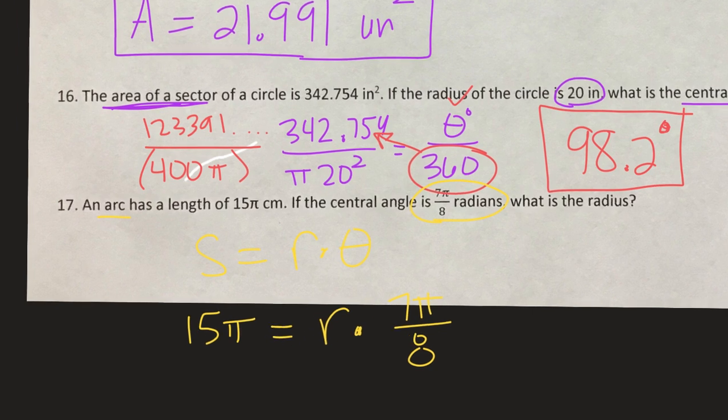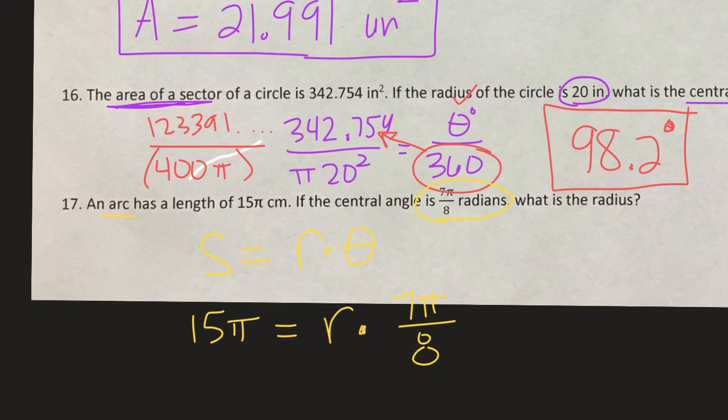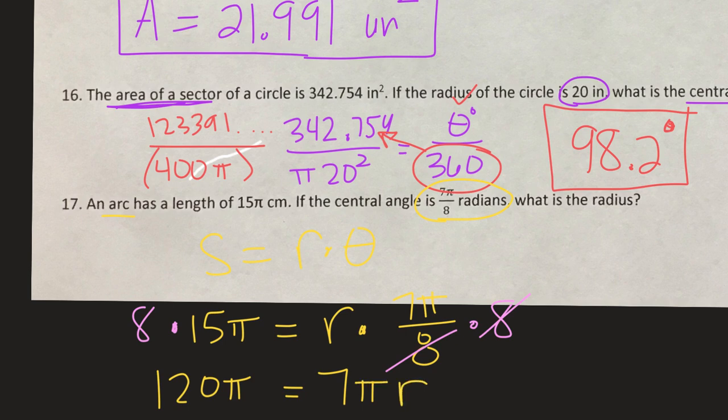The first step is to multiply by 8 to get rid of that fraction. 8 times 15 is 120. So this now becomes 120 pi equals 7 pi r. I'm just going to rearrange and put r last.